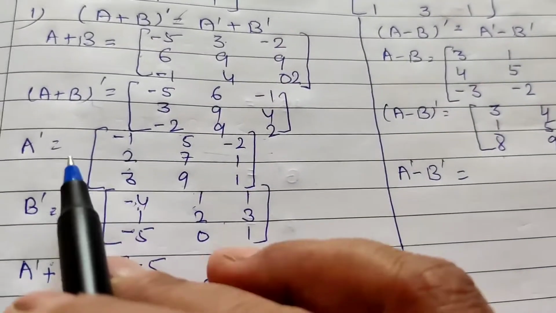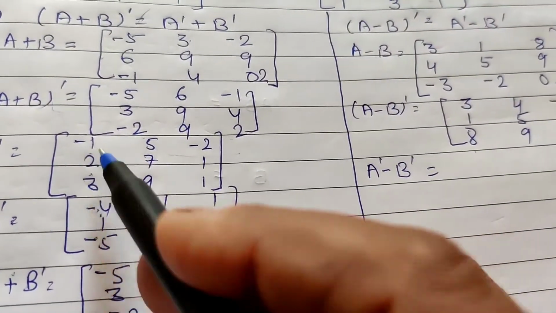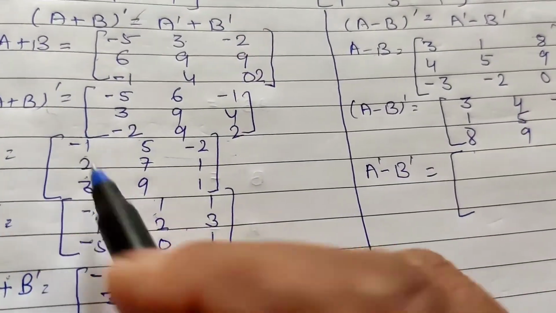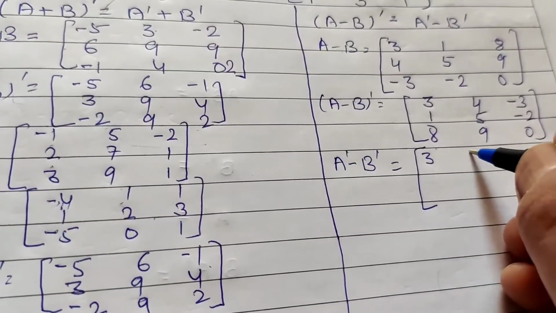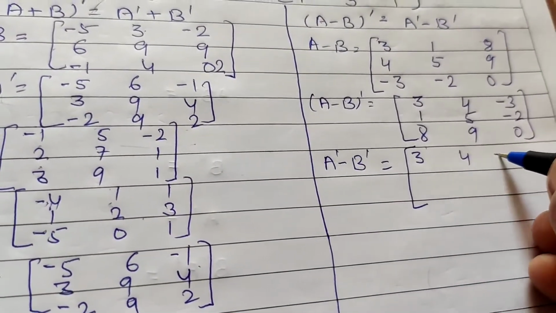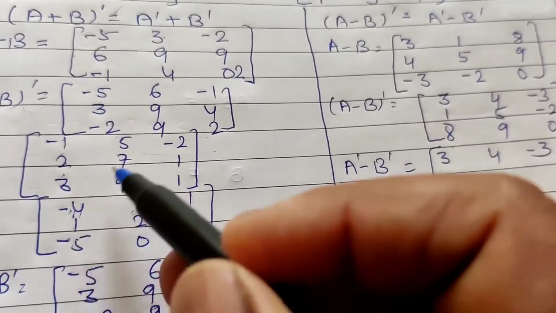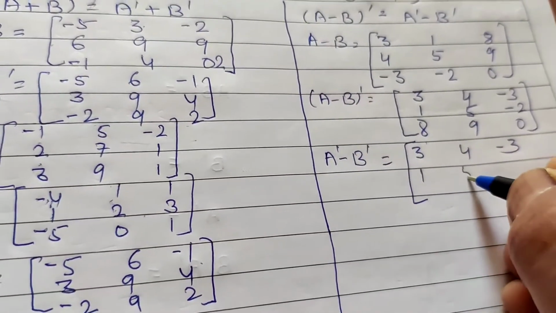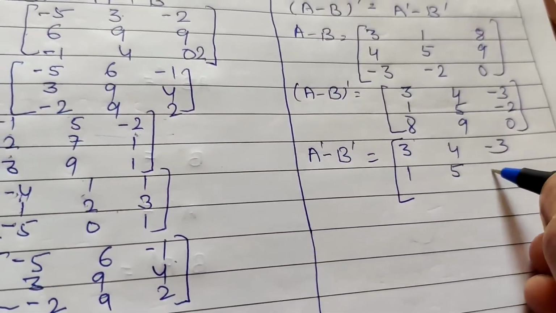Now transpose of A minus transpose of B. We can do here: 1 minus 4, it means plus 4, 3. -1 plus 4, 3. 5 minus 1, 4. -2 minus 1, -3. 2 minus 1, 1. 7 minus 2, 5. And 1 minus 3, -2.